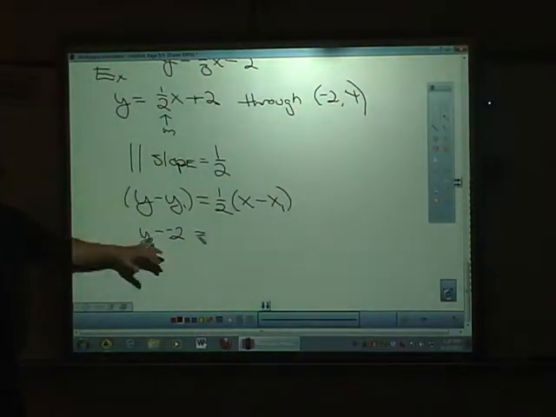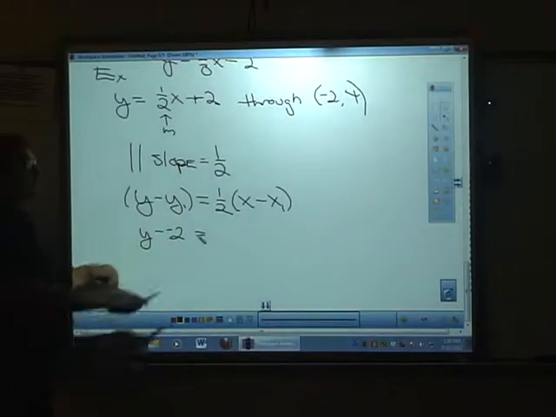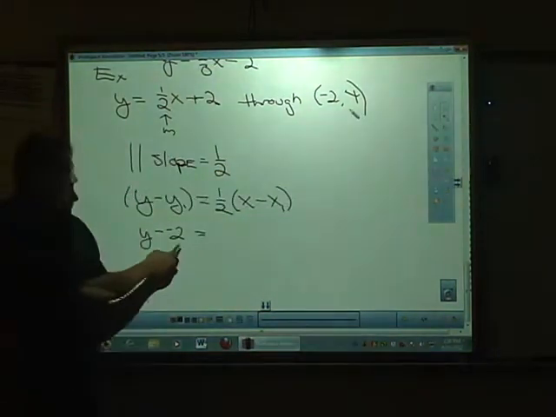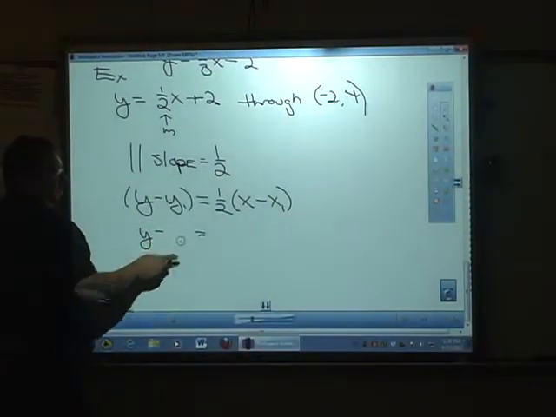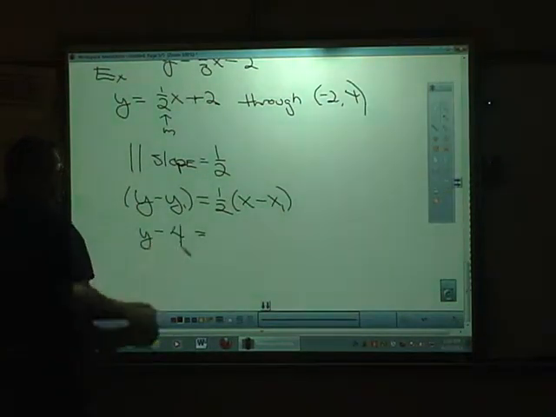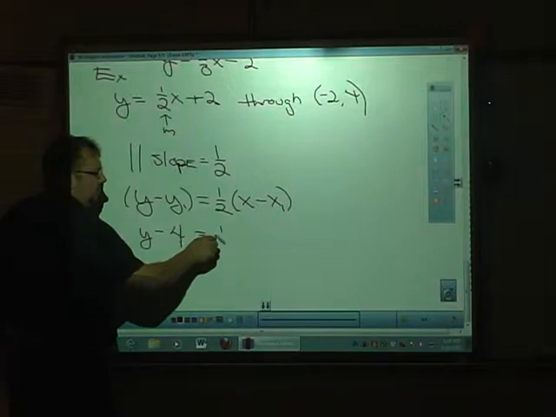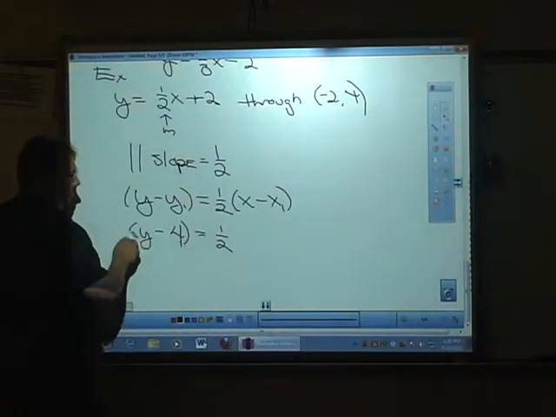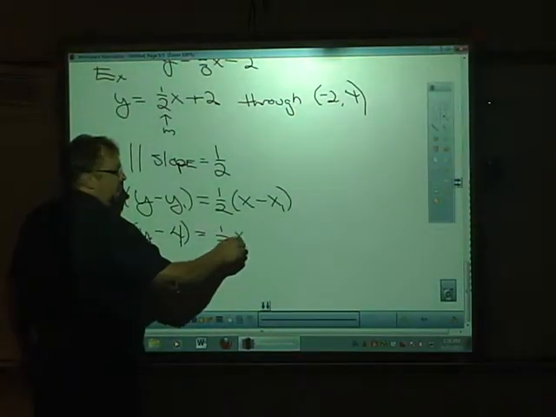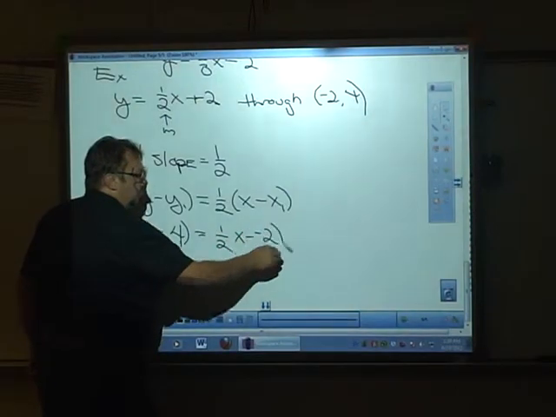Oh, that's the x value, not the y value. Make sure you're using the right point. Y minus 4, thank you for pointing that out, is equal to 1/2 times x minus the -2 in parentheses.